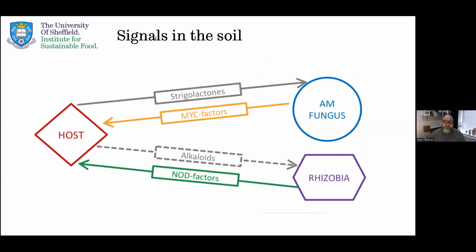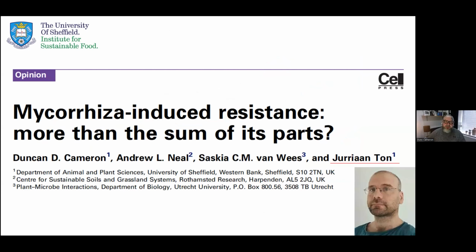And a number of years ago, a long-term collaborator of mine, Corné Pieterse, and Urian Ton, came up with an idea about how these different types of organisms within the rhizosphere could influence plant health.